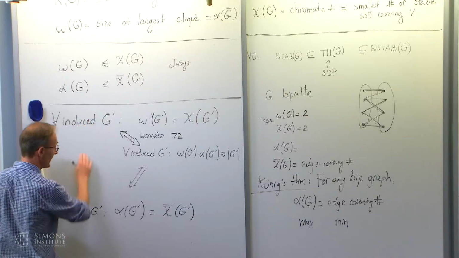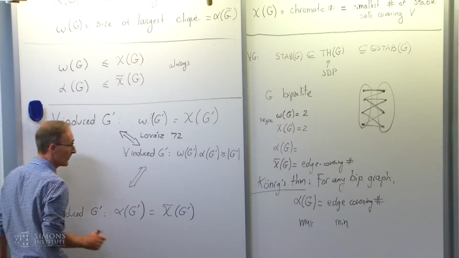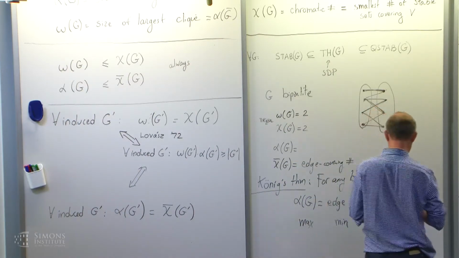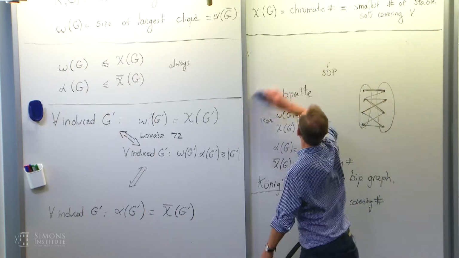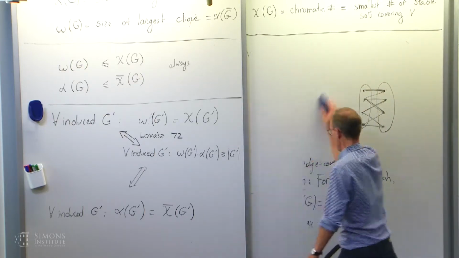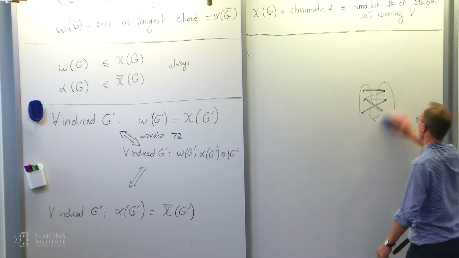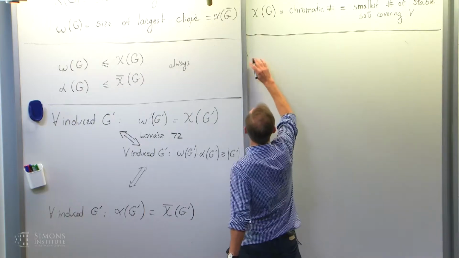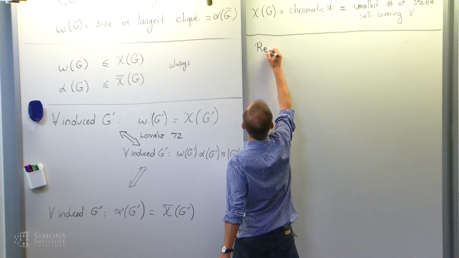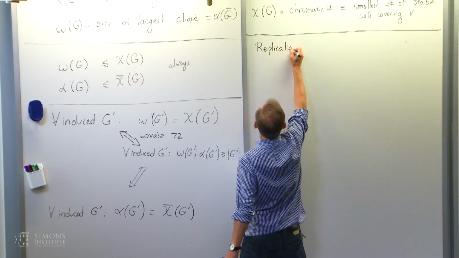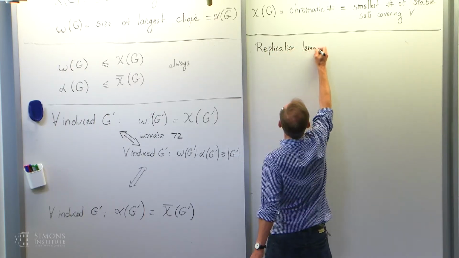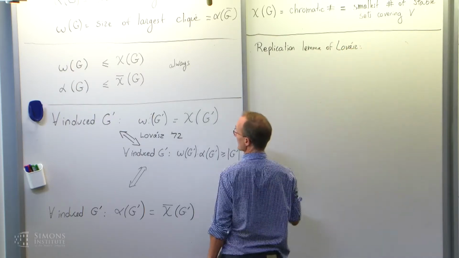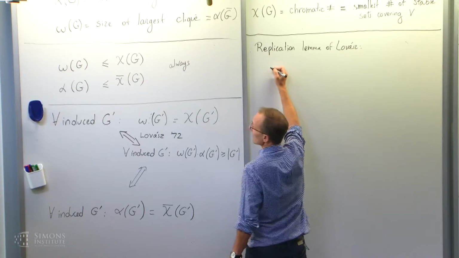So there are different ways of proving, for example, the equivalence between this and that. But one key idea is to use a replication lemma of Lovász, and what it shows is the following.